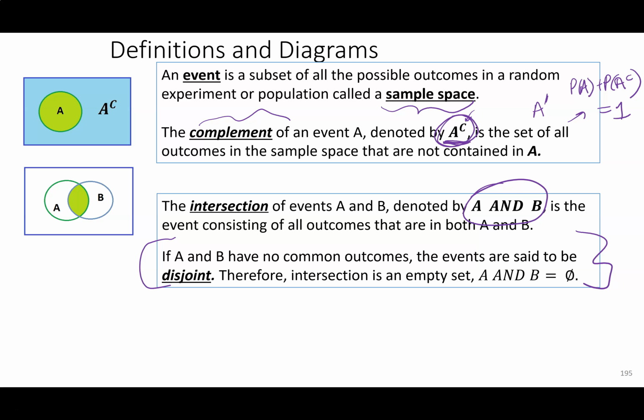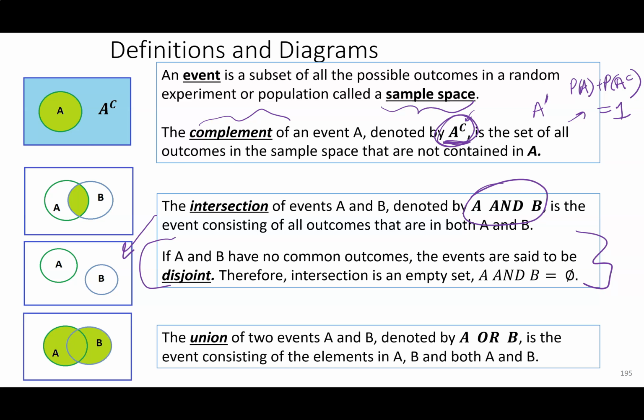The event where I win the raffle and the event where my friend wins the raffle, those are disjoint because if they draw one ticket, we can't both win. If I win, then you know that my friend didn't, and vice versa. So the idea of disjoint, you could draw it as having no overlap. There's no overlap at all.